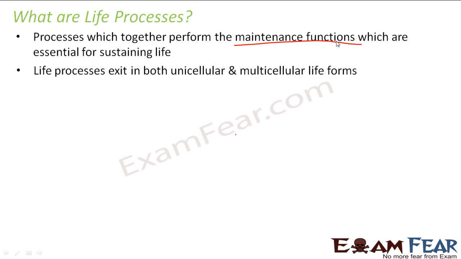But in case of multicellular animals, we have cells which are combined into tissues, and the tissues are again combined to form different organs, and each of these different organs performs different functions. For example, there are some organs which are used for respiration, that is for breathing. There are some organs which are used for digestion.